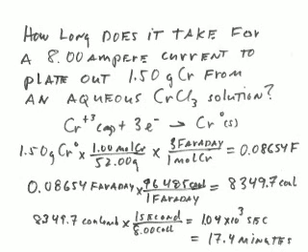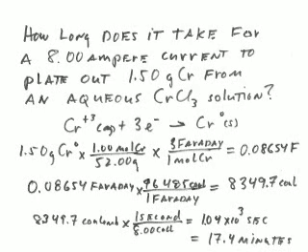Next step, go to moles. 1.5 grams of chromium times 1 mole per 52 grams of chromium gets us moles of chromium. 1 mole of chromium reacts with 3 Faradays. That's our mole ratio. So we're going to need 0.08654 Faradays to run the reaction.